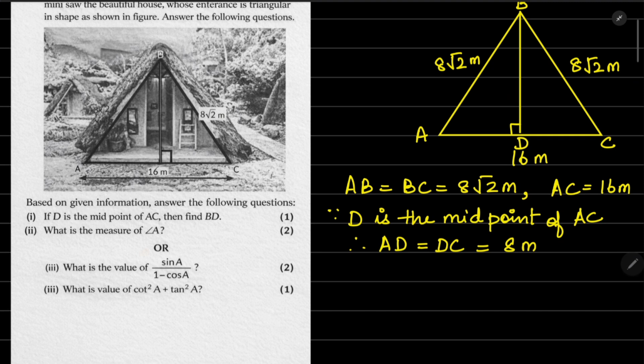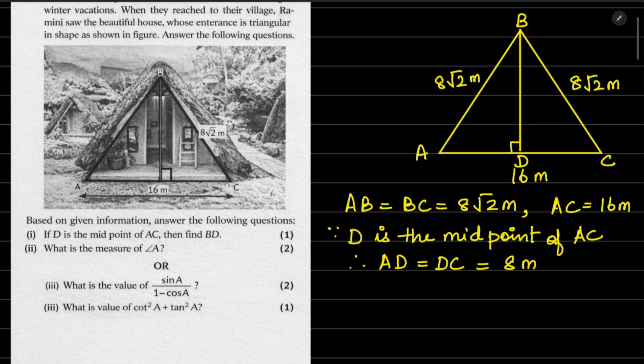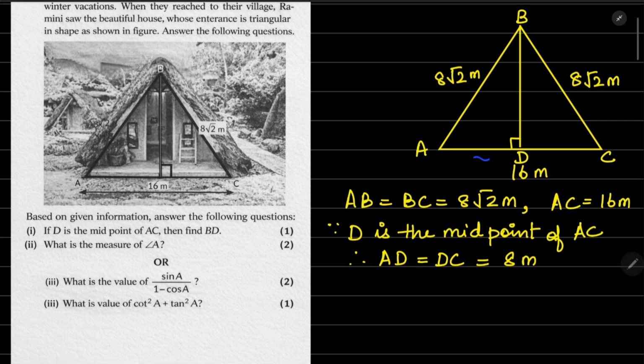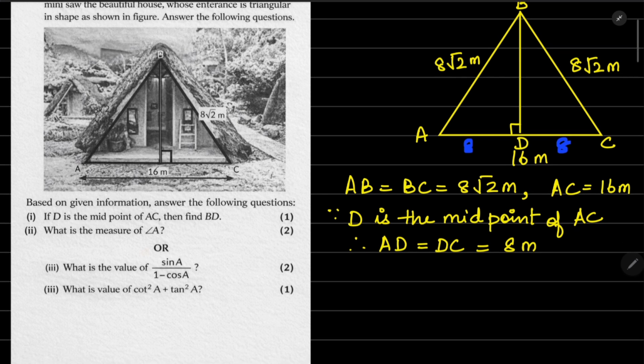Now look at the triangle ABC. We know this distance AD is 8. You have to find BD. Apply Pythagoras theorem because ABD is a right angle triangle.